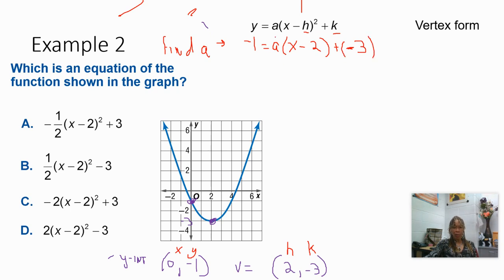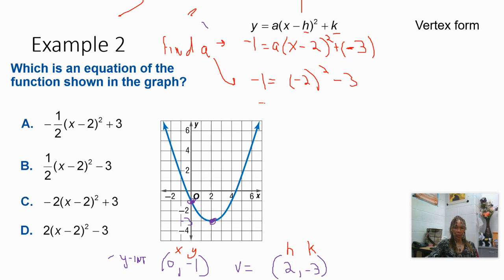All right, so now I'm going to simplify and solve for a. I'm still trying to find a. So I've got -1 equals, there's a square here. I hope you noticed that I forgot that. So what I've got is -2 squared minus 3.